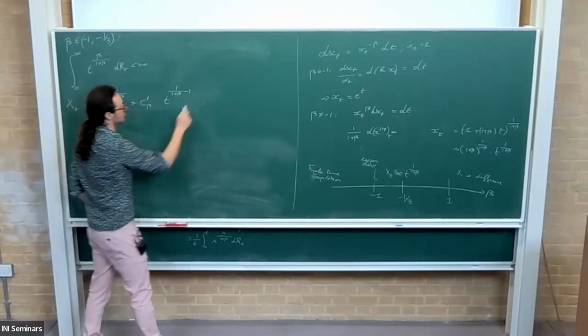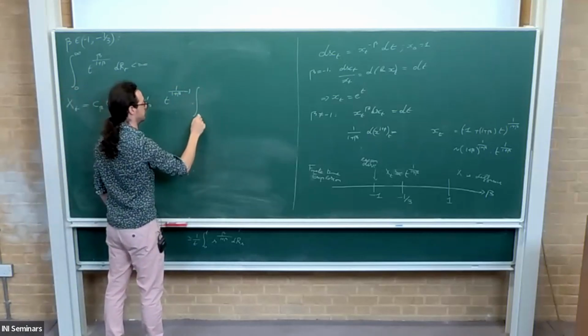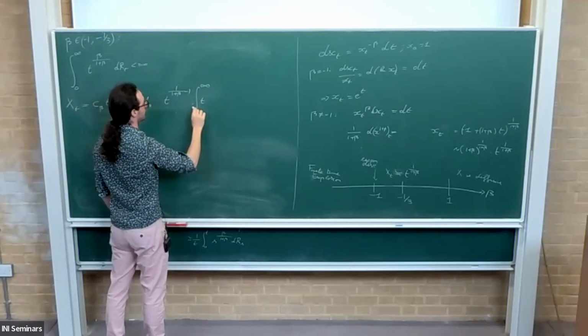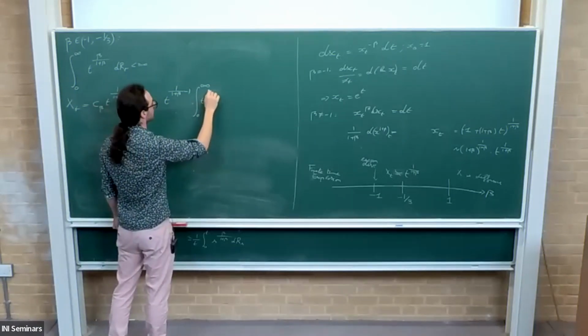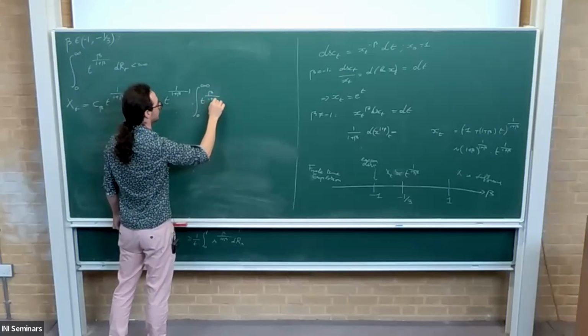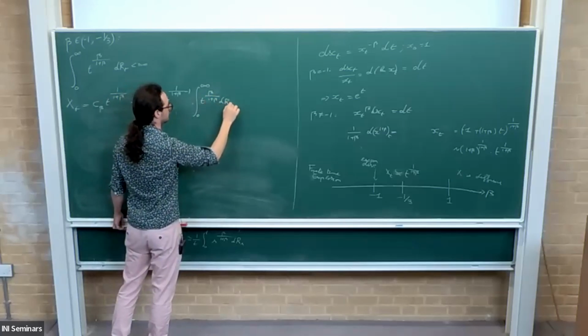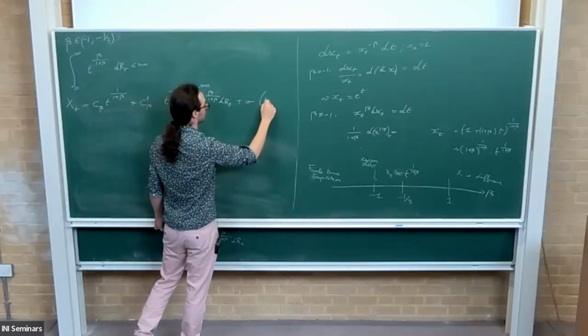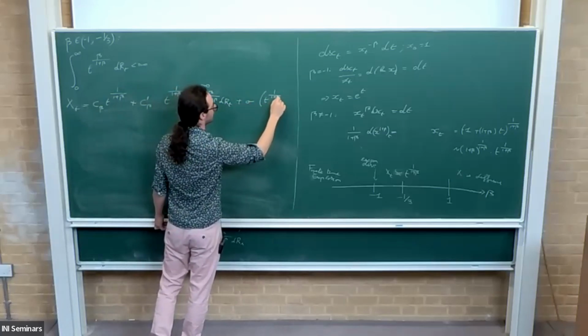And you will get this integral, plus a small o of t to the 1 plus beta minus 1.